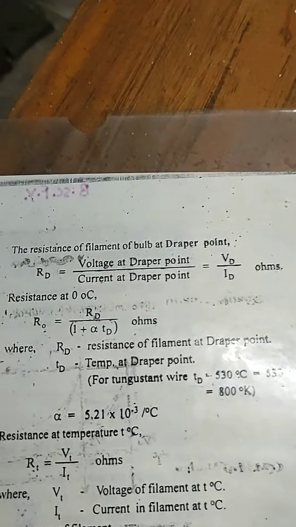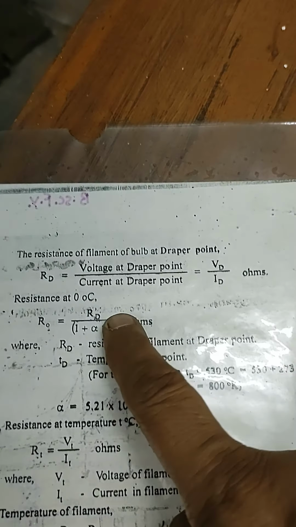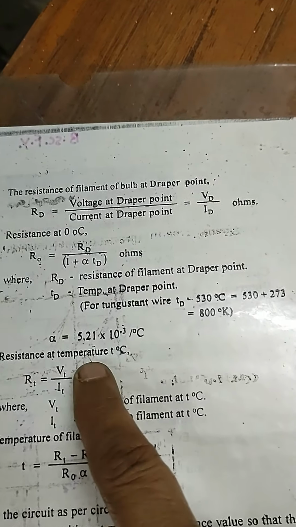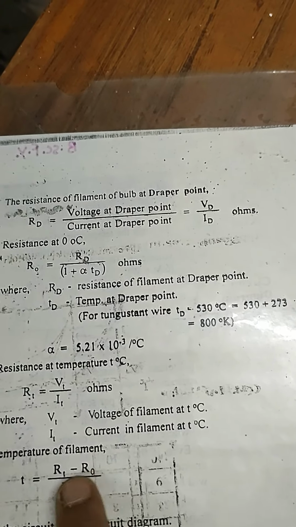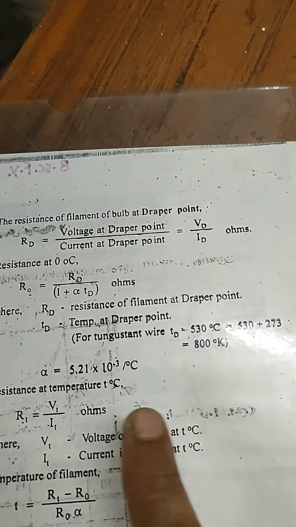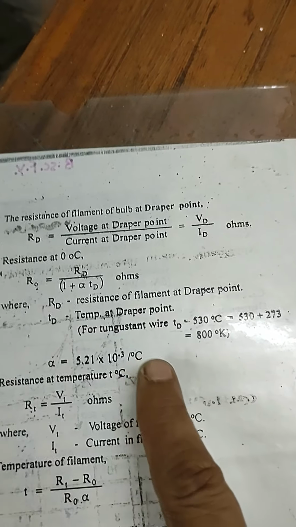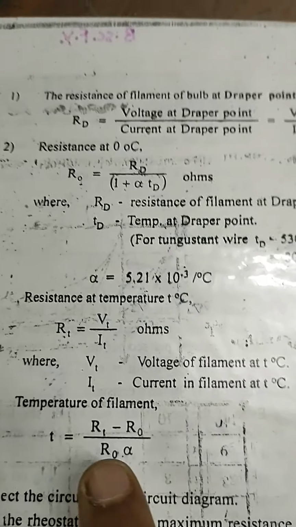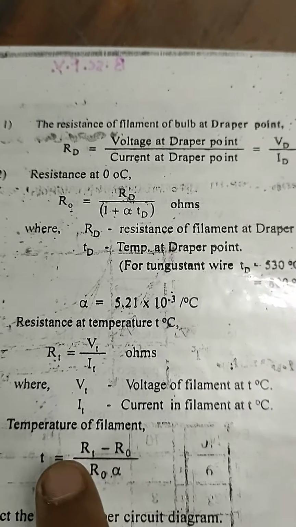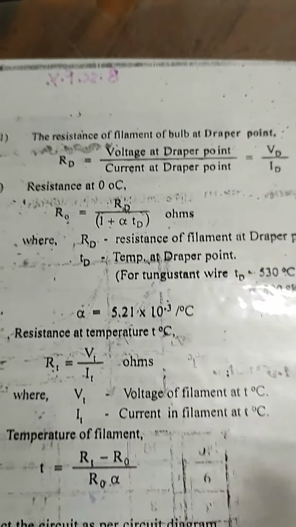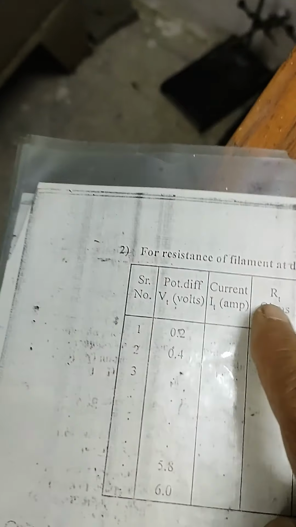R0 you already have from the earlier formula. So this R0 value and this RT value we put over here, and with the help of alpha 5.2 into 10 raised to minus 3 per degree, you will find out the temperature of the filament at that particular resistance. So this is how you will get values of T over here.